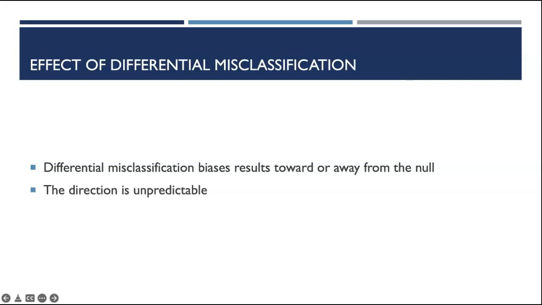Differential misclassification can bias our results toward or away from the null. That direction is unpredictable, and so when this happens, you don't always know which way your results are potentially biased. Are they biased closer to the null, or are they biased further away from the null?